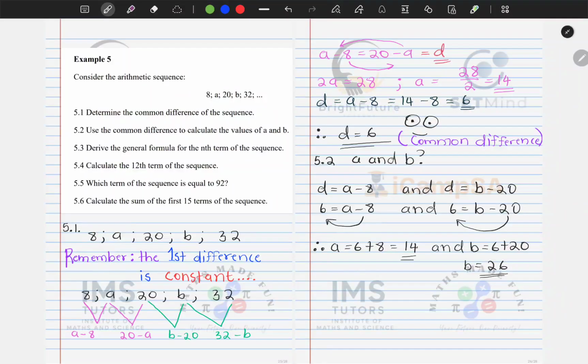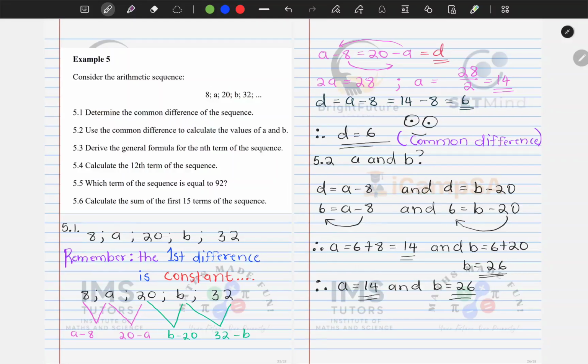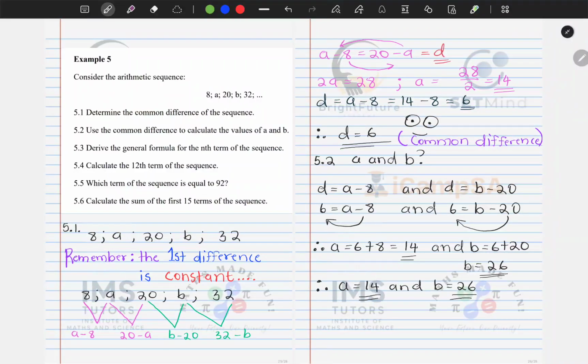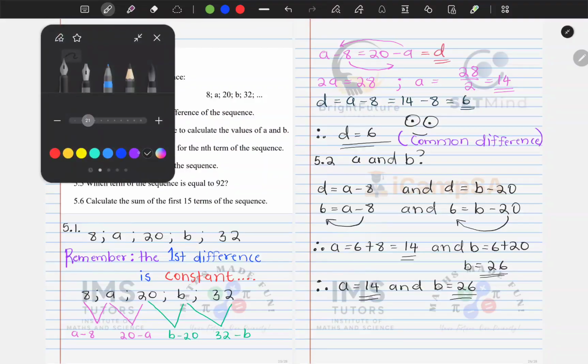So these are our answers. Therefore our a is 14 and our b is 26. So these are the answers which we were required to find. And then the next question becomes, derive the general formula for the sequence. That is 5.3.